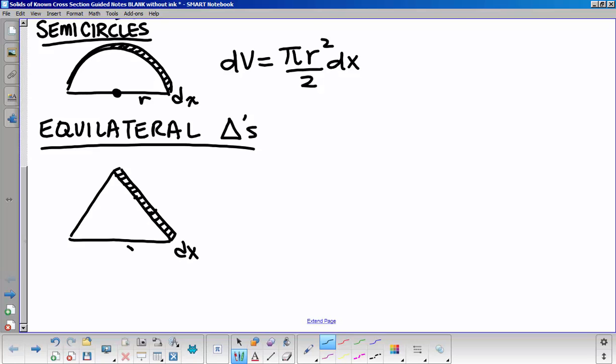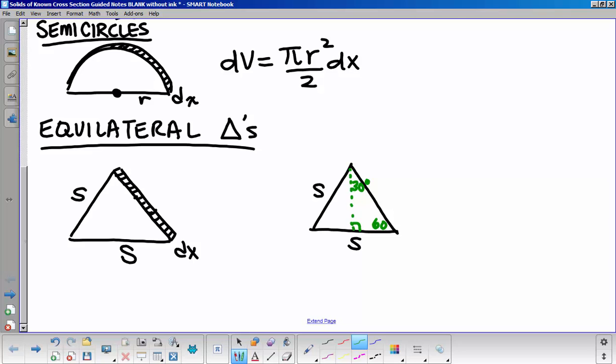And we're going to have a side of s here, and this is a side of s. So now we have to do some calculating for what the area of this is. We know that this is s and this is s. And what else do we know about equilateral triangles as far as their angles? 60. We know that this is 60, so if I were to drop a perpendicular here, this bisects the upper vertex, and so we're going to have a 30-degree angle here.